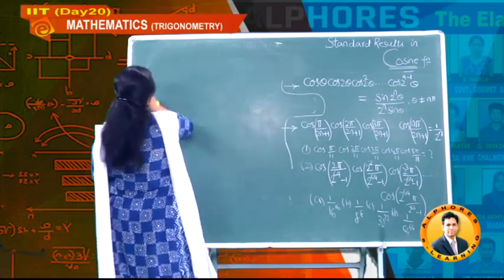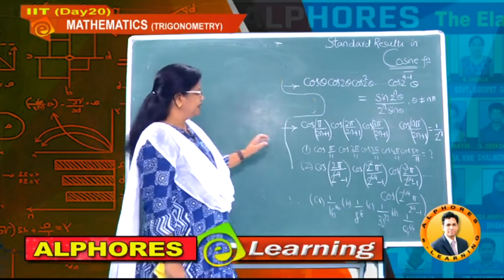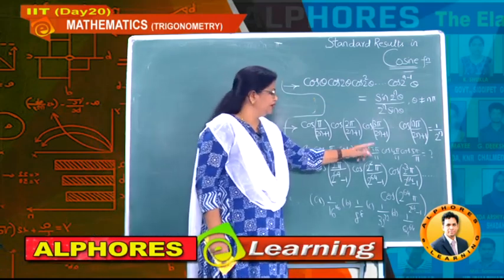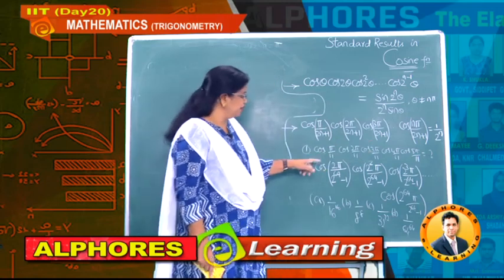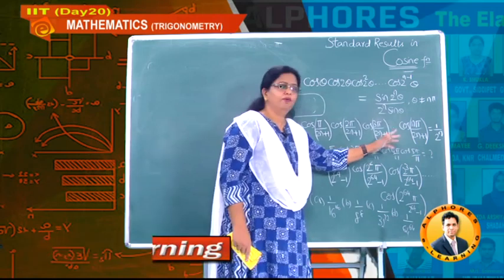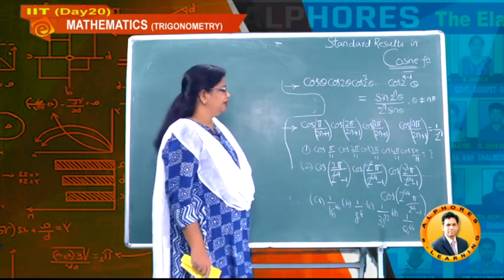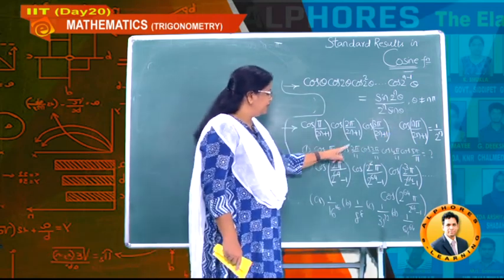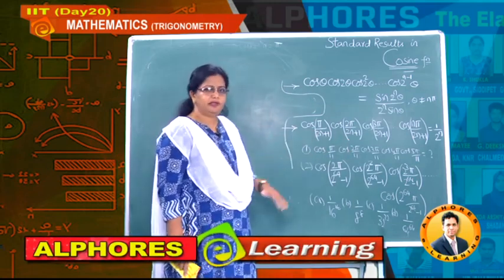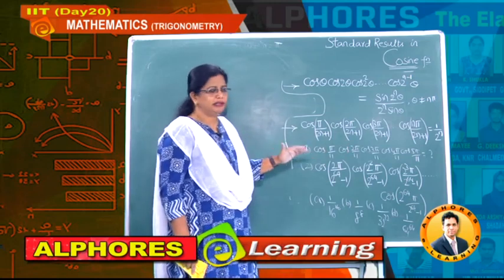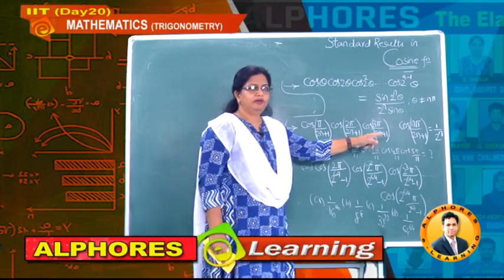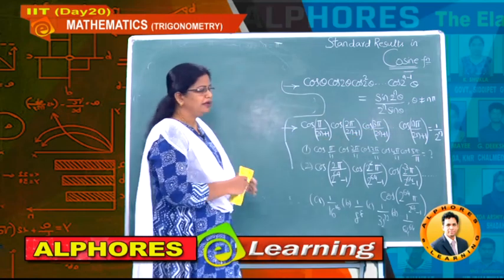The first one is cos pi by 11, cos 2 pi by 11, cos 3 pi by 11, that means all are consecutive values 1, 2, 3, 4, 5, right. Denominator is an odd number, that means this problem is completely reduced to our standard form. And if you want to solve this problem, let us check whether the last term is suitable or not.